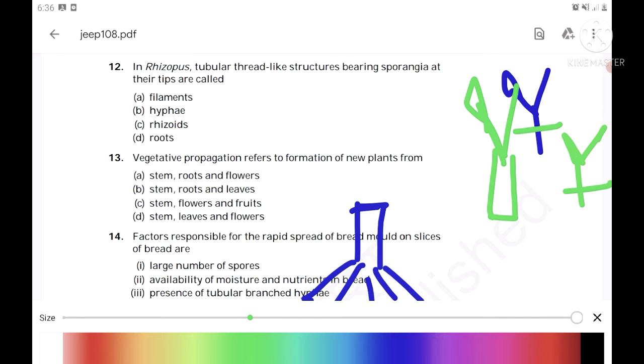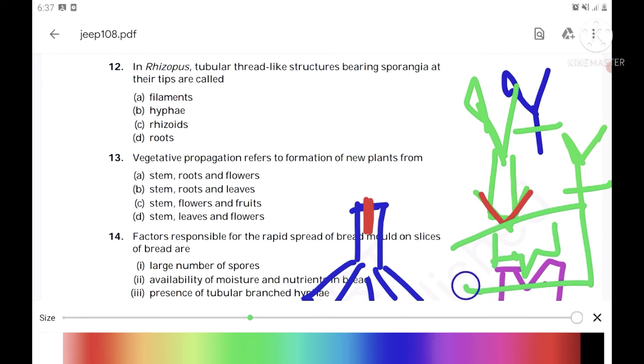Now you make a V shape in this and just have a strike in this. Now this will be inserted here. It forms something like this. That's it. And now both later on develop into a single plant.